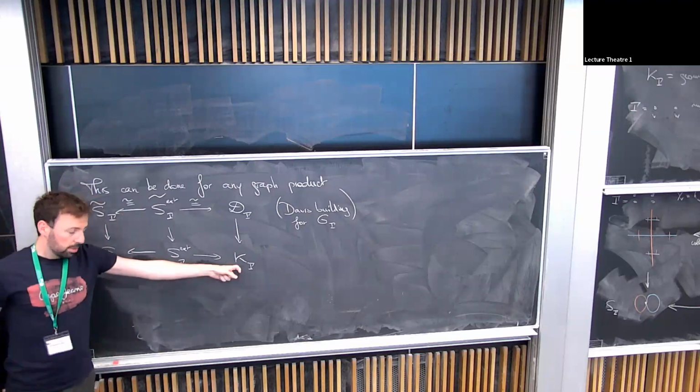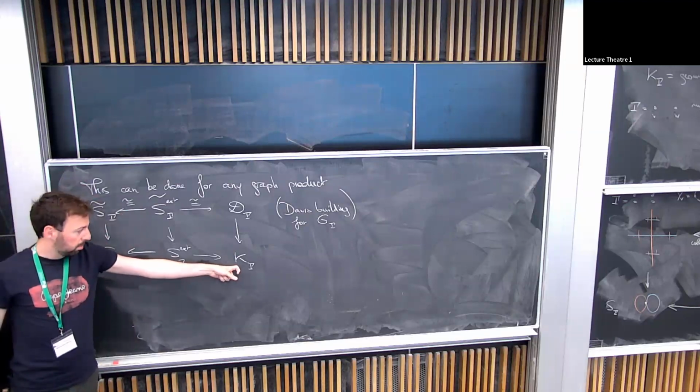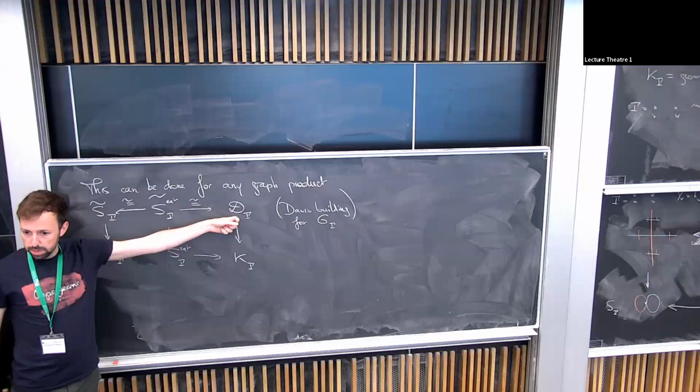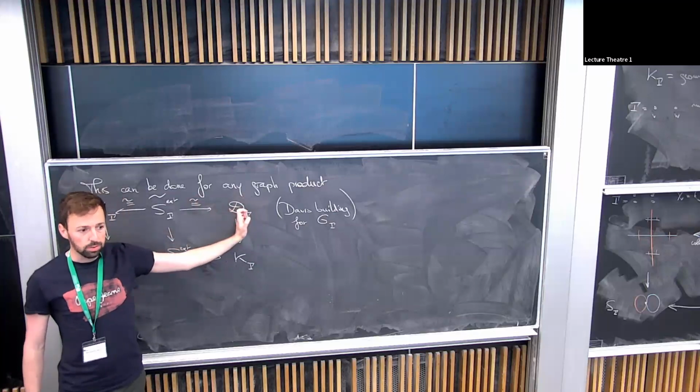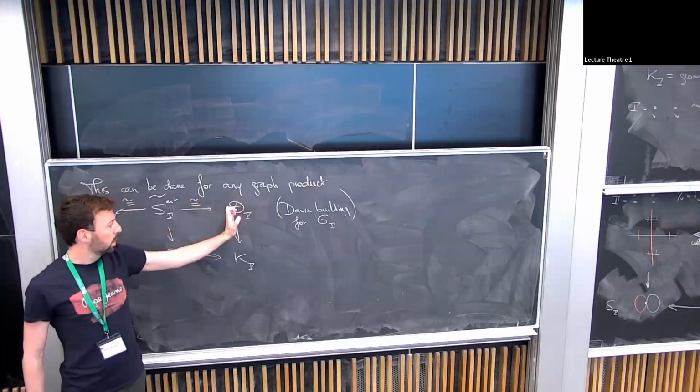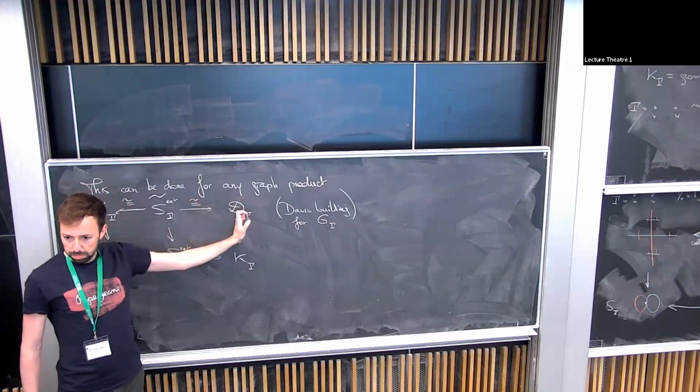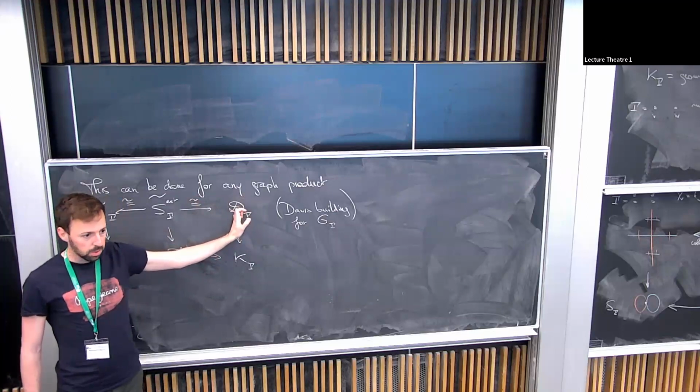But on the right-hand side, you can still see K gamma and the Davis building for that product. That's the key difference here. This bit on the right is always going to be nice. You're always going to have a nice CAT(0), right-angled building that encodes the geometry.